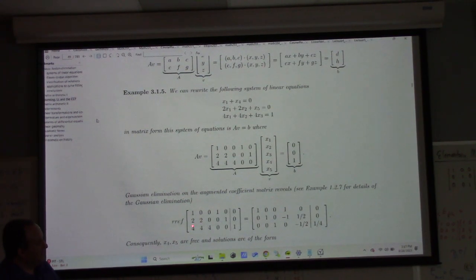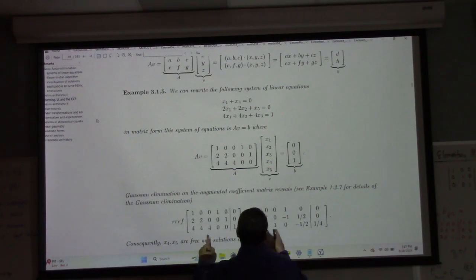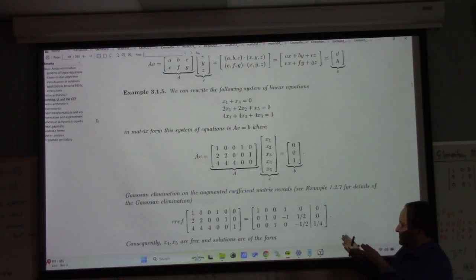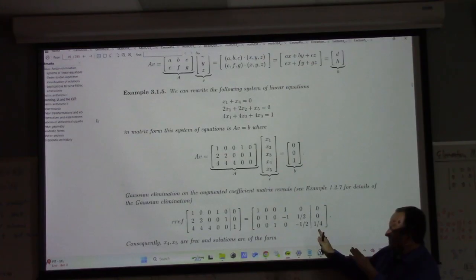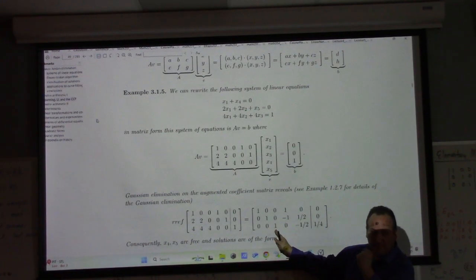But what this means then, if we now know the column correspondence property, we can think about this. What does this mean? This means that the sixth column is apparently 1/4 of the third column.